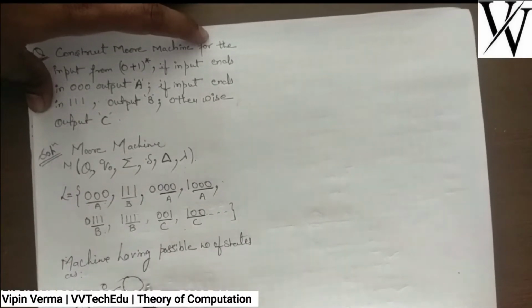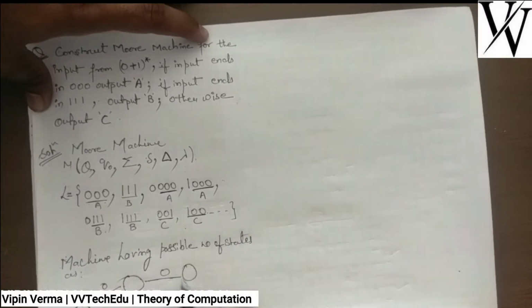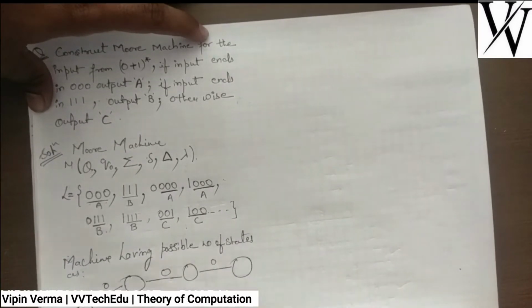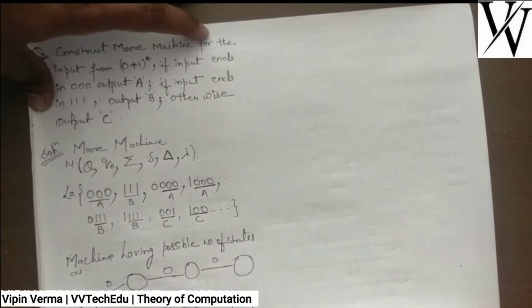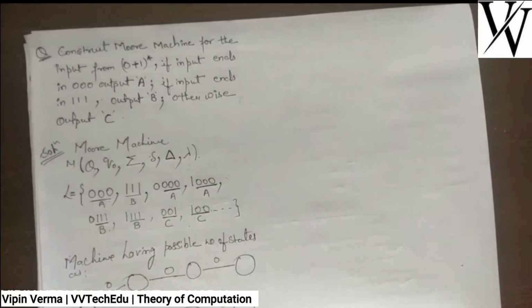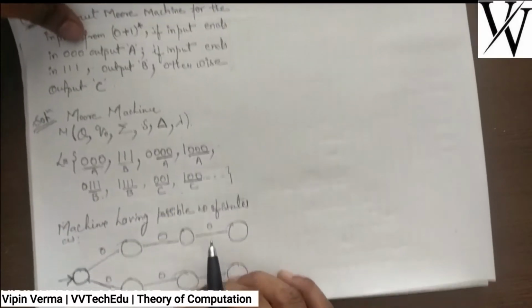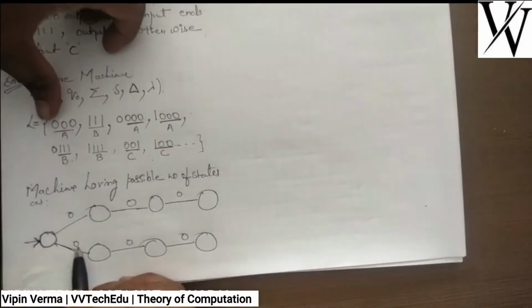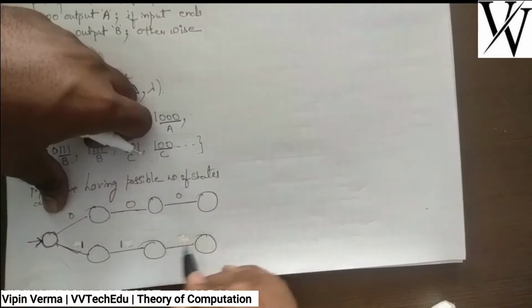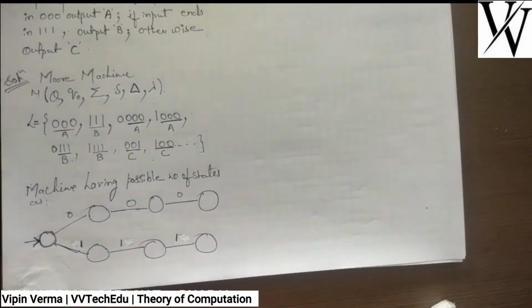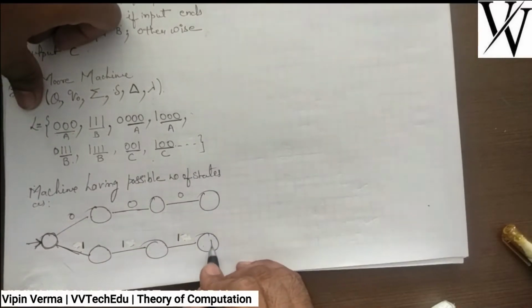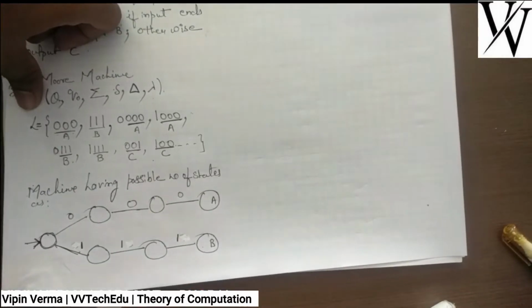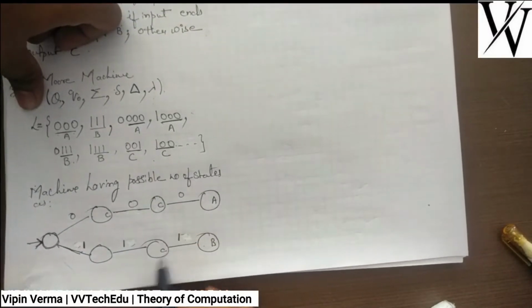We have 1 0, another 0, and at last we have the third 0. Okay, oh sorry, we have 1, 1 and 1. So we have the output as B here in this state and A here, otherwise the output will be C.